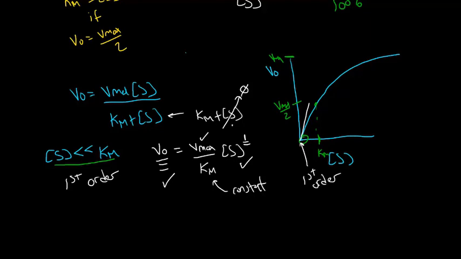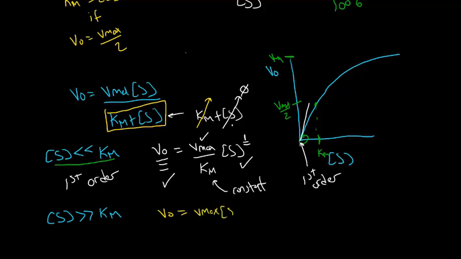Let's think about a different condition. What happens if the substrate concentration is much, much greater than Km? We're going to take the same approach. We consider the denominator of our Michaelis-Menten equation, but in this case, Km becomes negligible, so we're left with V naught equals V max times the substrate concentration divided by the substrate concentration. And of course, this simplifies to V naught equals V max.